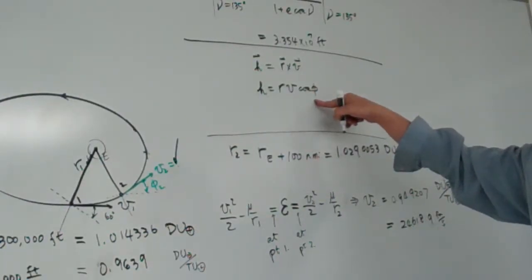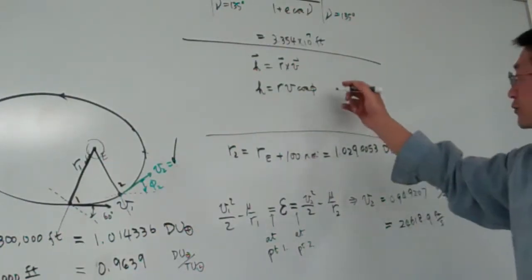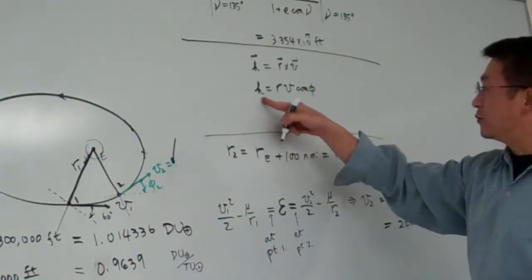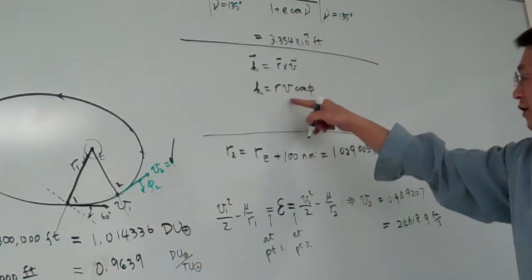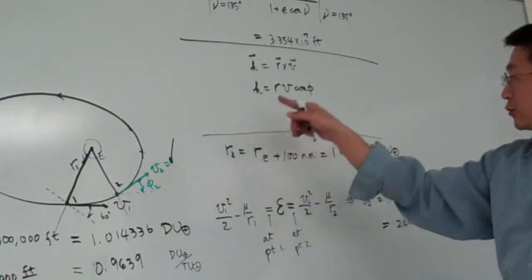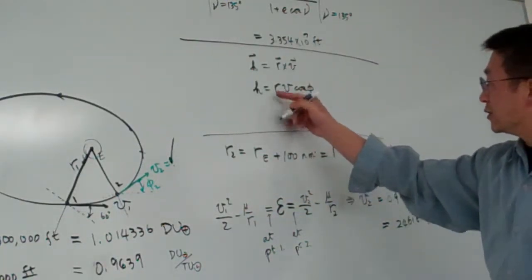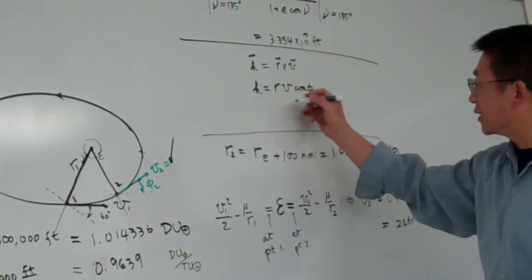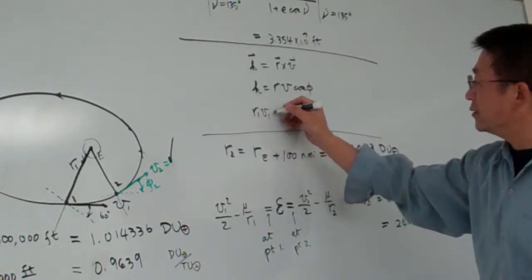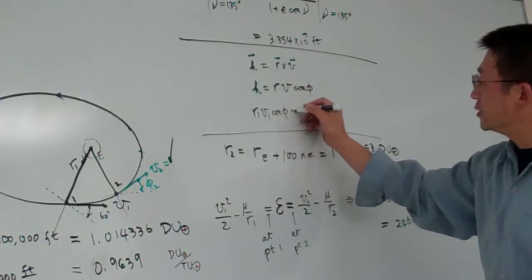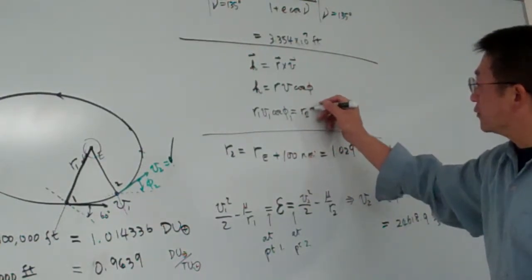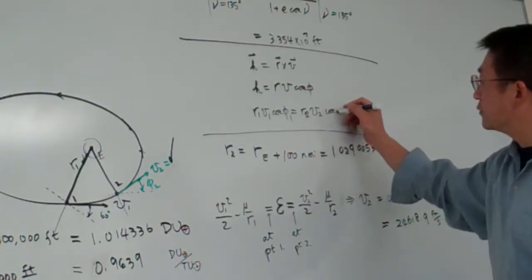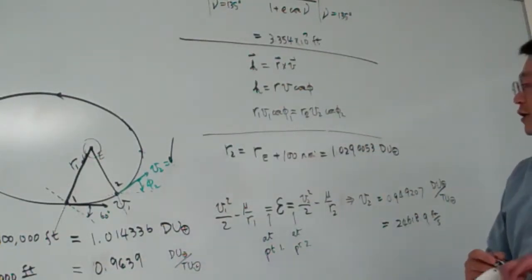Because angular momentum is conserved, we have R and V at two points, so R1 V1 cosine phi1 should be equal to R2 V2 cosine phi2.